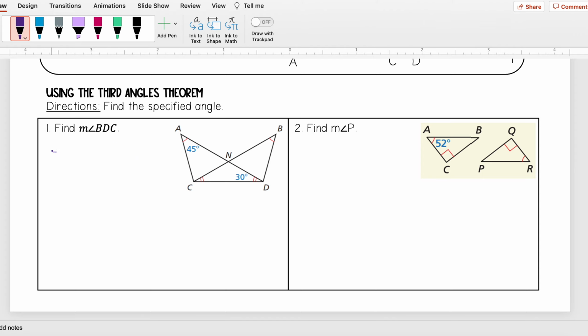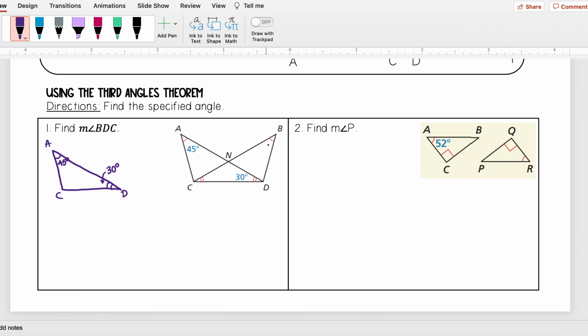So I really have a triangle ADC, where I know I have arc marks here. This one's 45 degrees. That one's 30 degrees. So I kind of just slid this out.